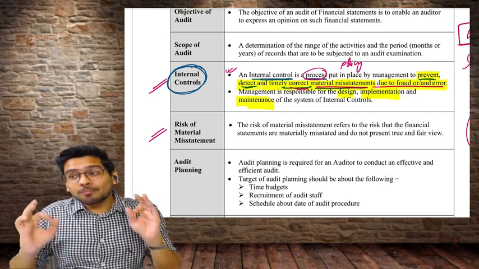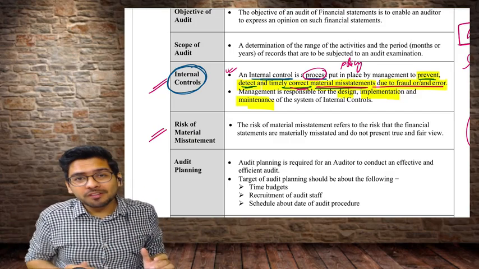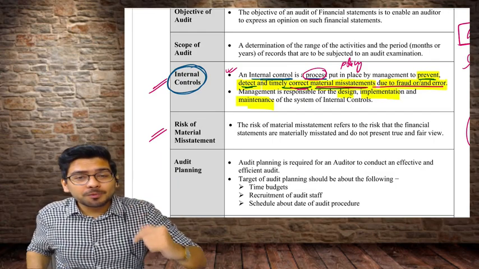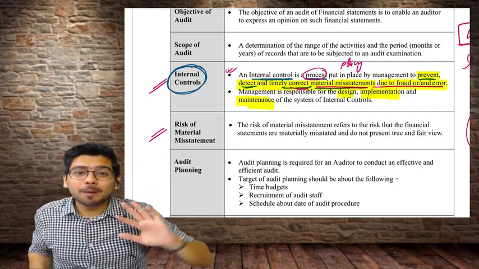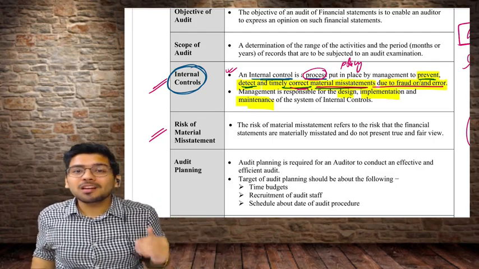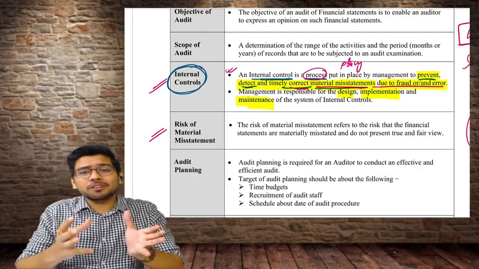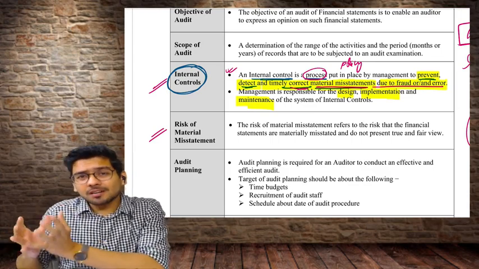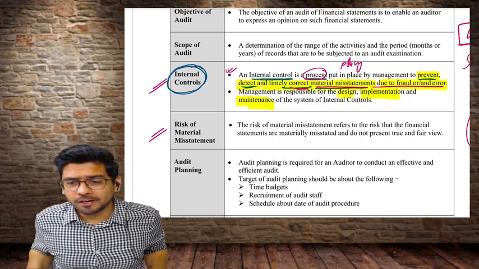No, it is the management's responsibility to prepare the financial statements. We just go and check whether management has prepared their financials as per the applicable FRF or not, whether the financials are free from material misstatement or not. And of course, if it is free from material misstatement, we'll say that yes, financials are giving a true and fair view.